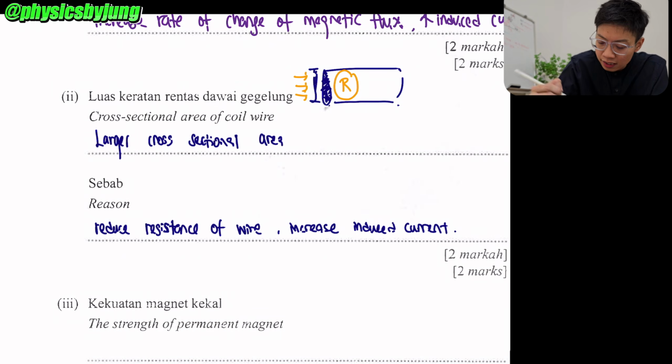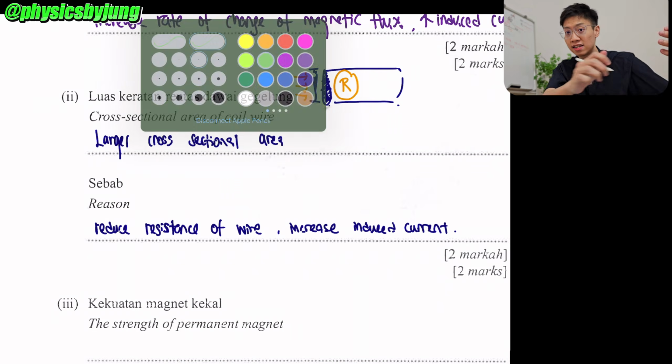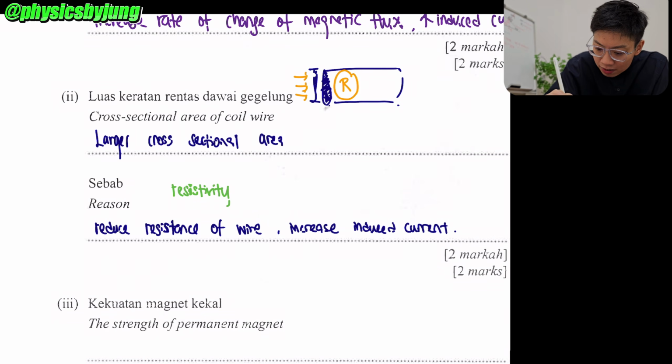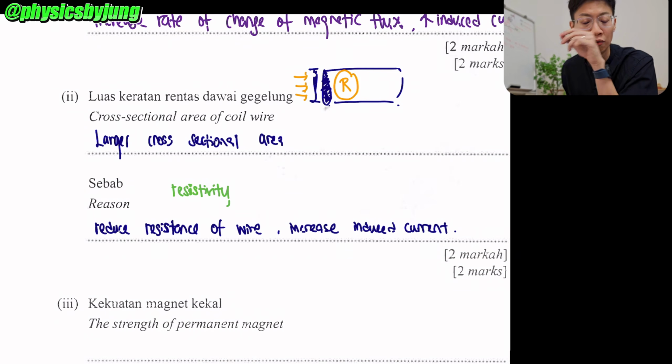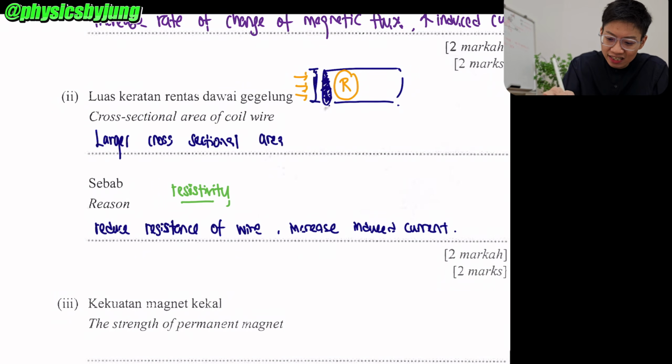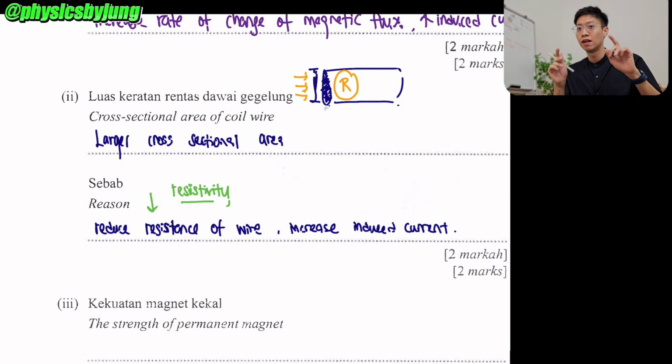Okay, but recently there is another fashion, another trend. They say, teacher, I realize sometimes some books will use the word resistivity. Teacher, why do some books say increase or reduce the resistivity? Then why sometimes do you use resistance? So should we use resistivity here?